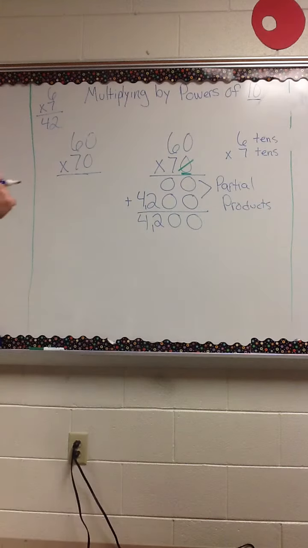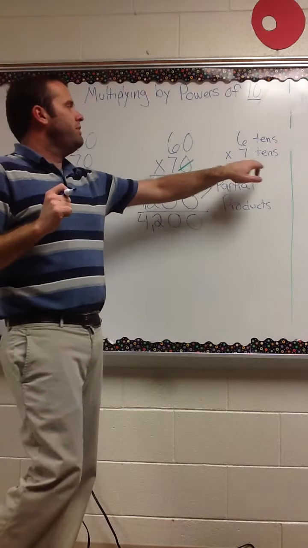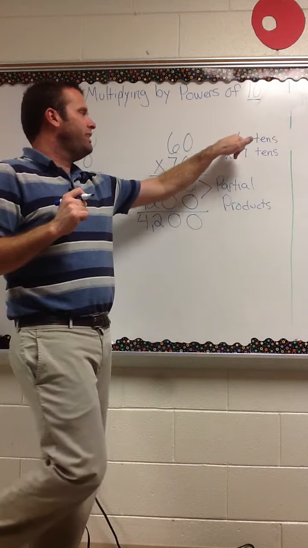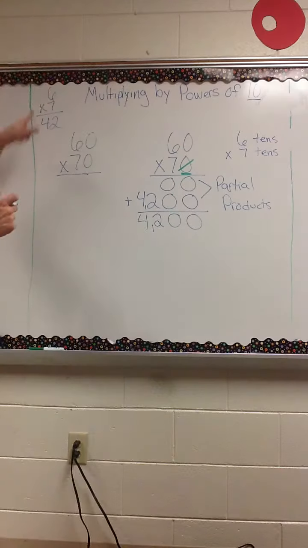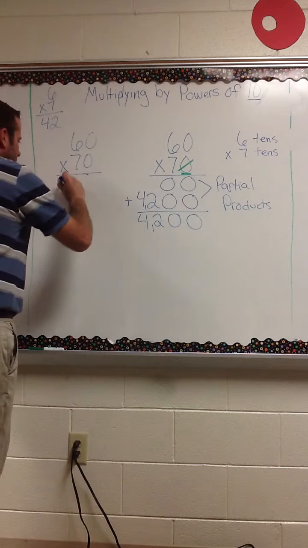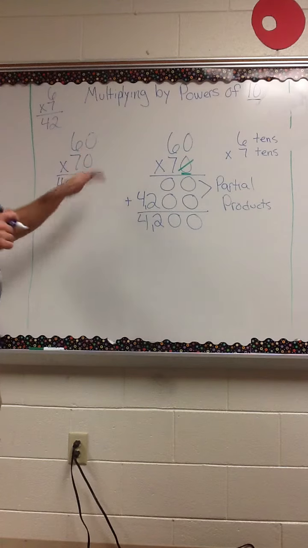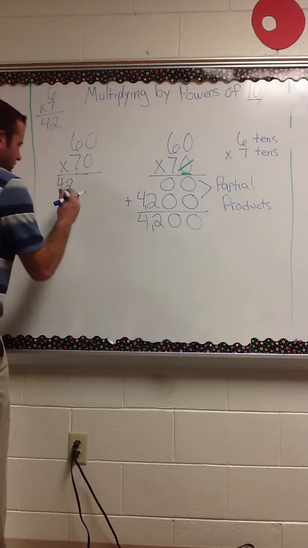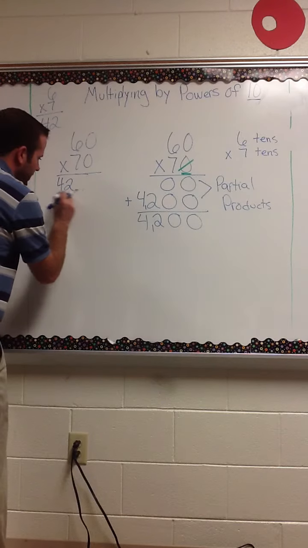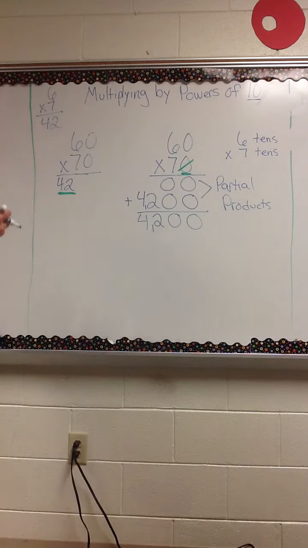But keeping in mind that my 6 and my 7 are actually both 6 tens and 7 tens, I'm going to bring this part of my answer down here. And just like we did before, I'm going to go back to my problem after I have taken care of the product of my single digit fact. 6 times 7 is 42.